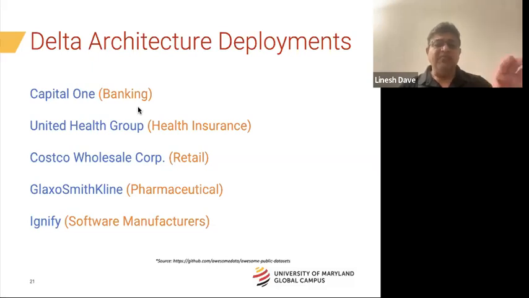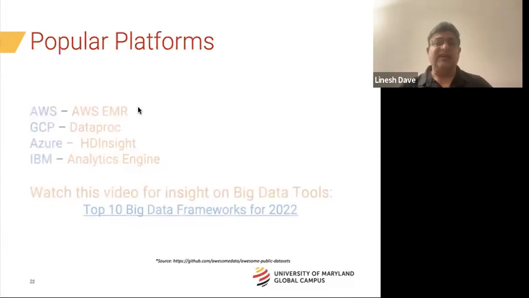But there are many more that are using Delta architecture. And it is gaining a lot of popularity. As a matter of fact, it has already gained a lot of popularity, and a lot of companies are already using it.